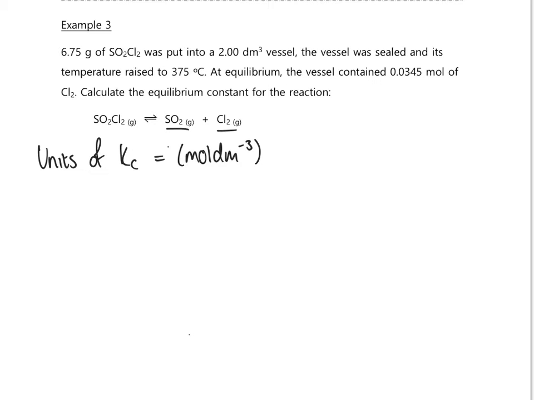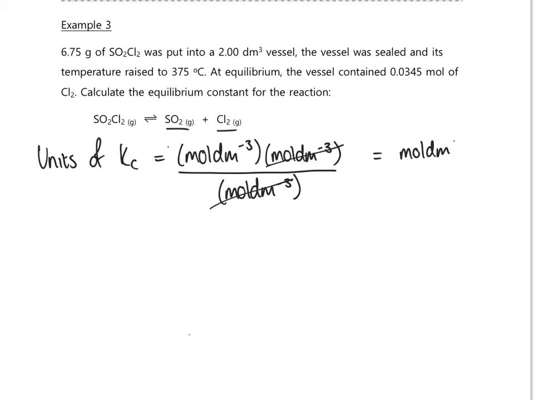The units of my concentration of chlorine are going to be moles per decimeter cubed. And that's going to be over the concentration of SO2Cl2, which are going to have units of moles per dm cubed. So what do I see with this? Your units are mol dm^-3. Yes, because this cancels out with that, and I'm left with moles to the dm minus 3, which is great.